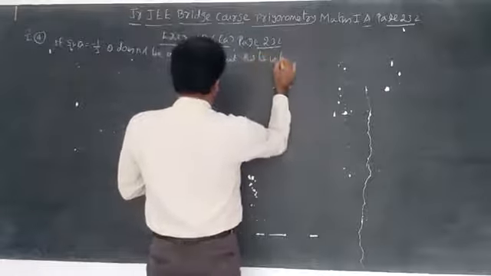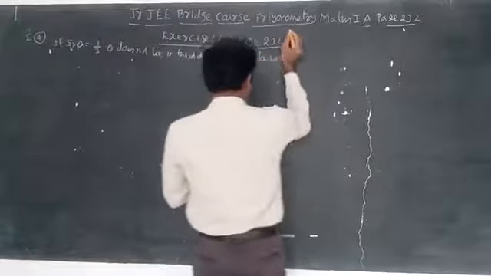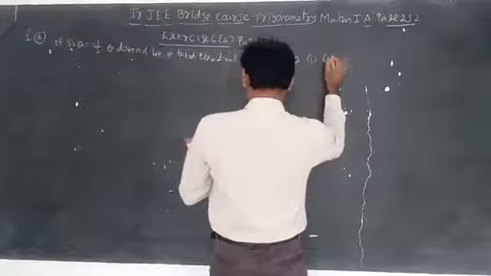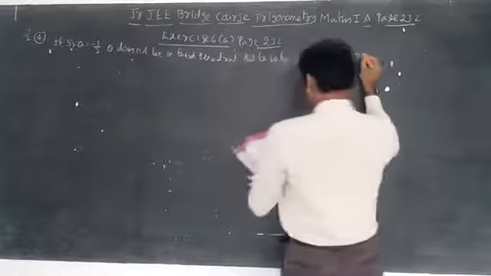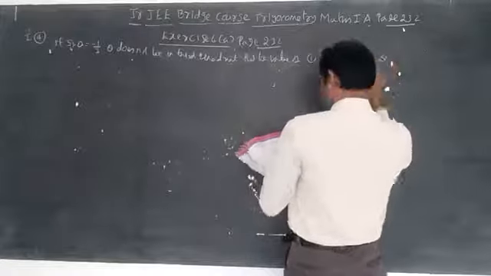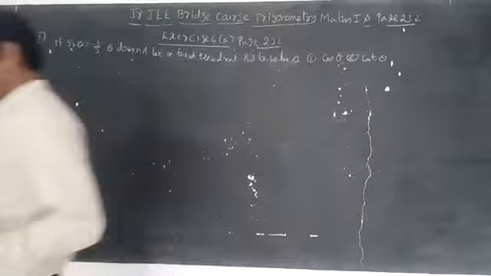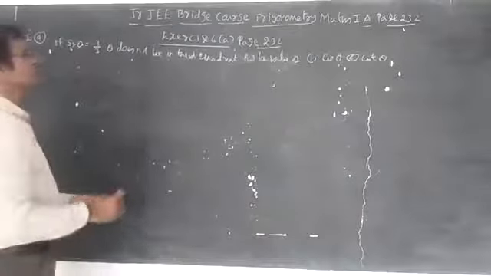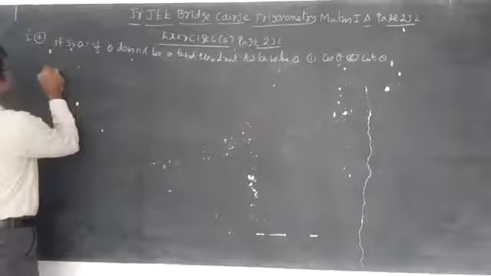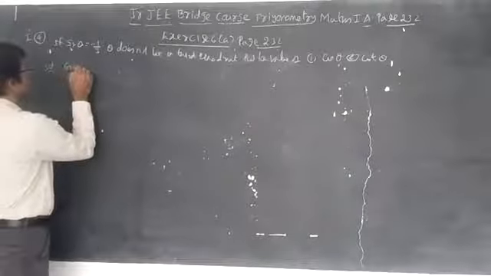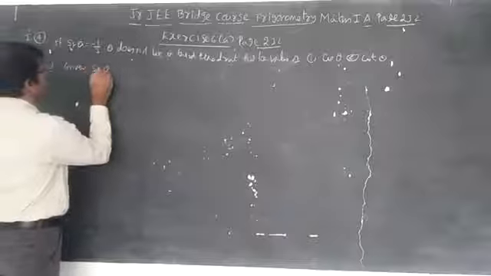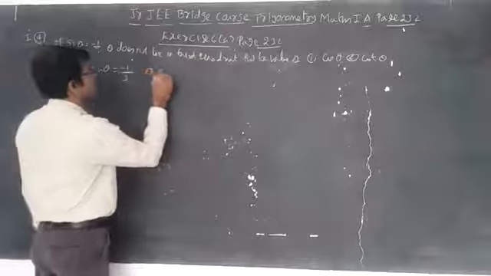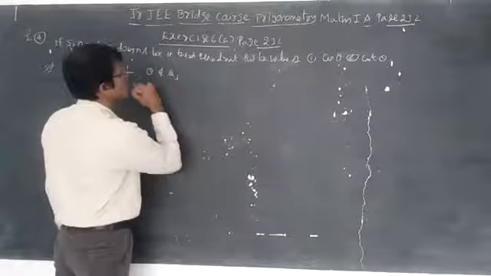Find the value of first one, cos theta, second one, cot theta. Given, we can write sin theta is equal to minus 1 by 3. Theta does not belong to Q3.